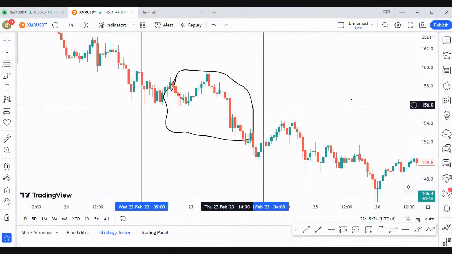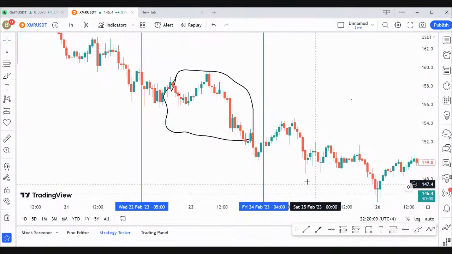Now, this is where we find our fair value gap or our imbalances. And what happens when we spot our imbalances? Price will definitely come back to mitigate that imbalance, because if we are in bearish mode, price will still come back to that imbalance to fill it up, because it is money, and that is where the banks and the wallets are looking forward to start and push their money, or to reach that level and sell off again.